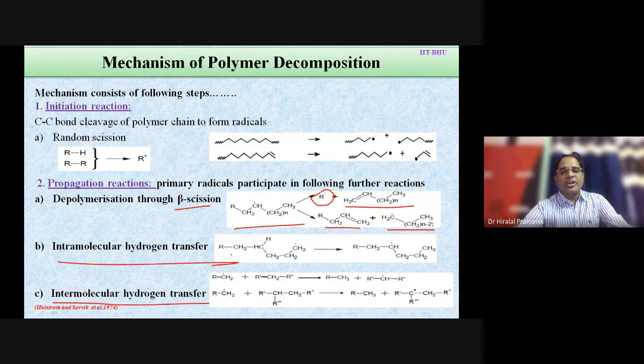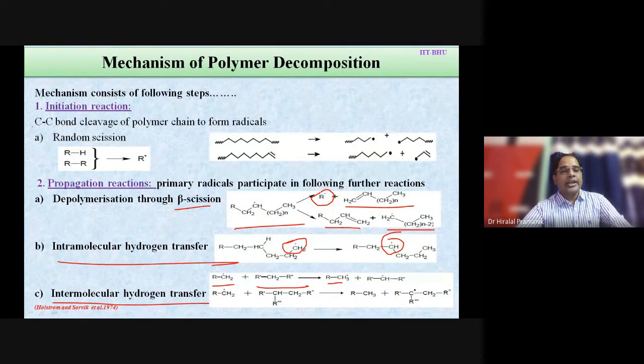In intramolecular rearrangement, hydrogen transfers from one location to another. Here it was a free radical, and now the free radical is at the center; hydrogen has been transferred to another location. Similarly, in intermolecular transfer, it is between two molecules, one a radical and another a hydrocarbon molecule.